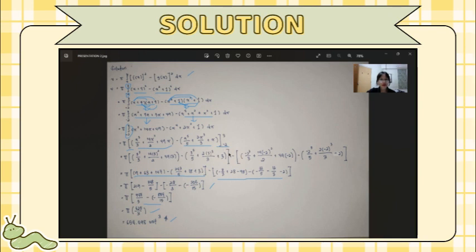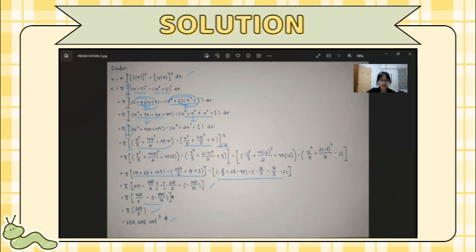Next step, substitute the values of 3 and negative 2 into x. So we get them like this. After you substitute them, calculate the value in the bracket, and you will get the next step like this.